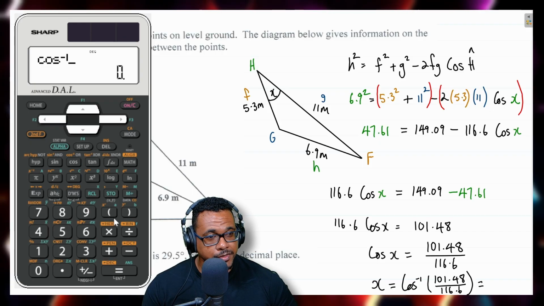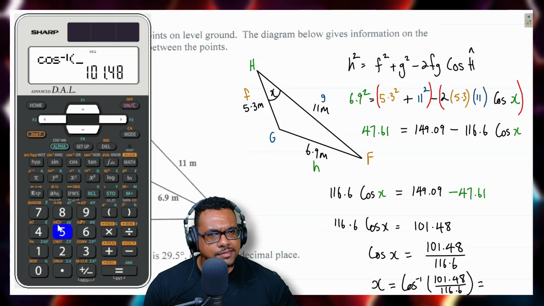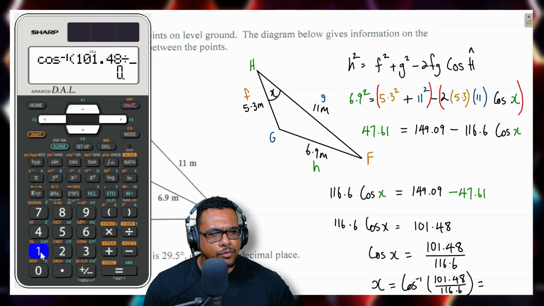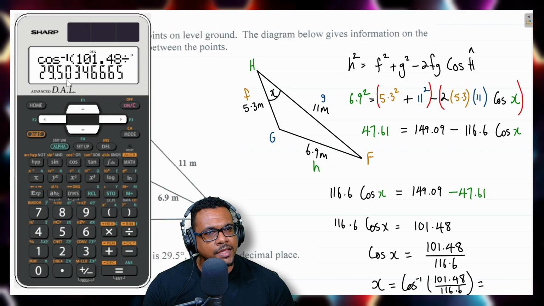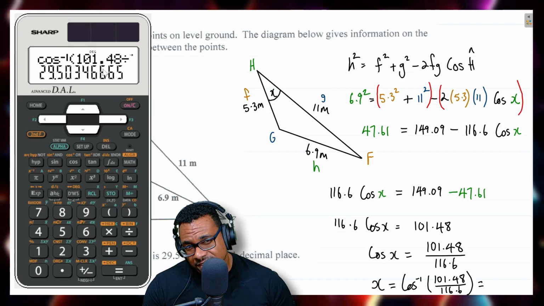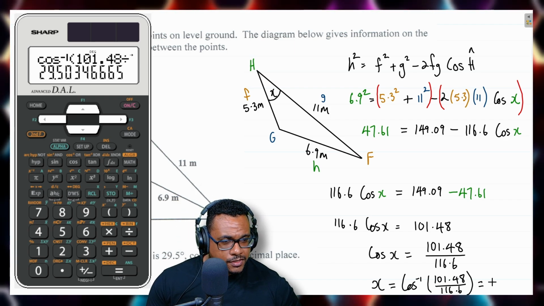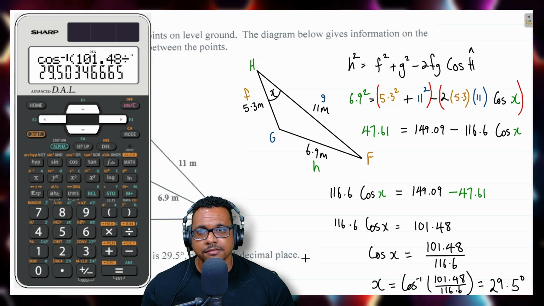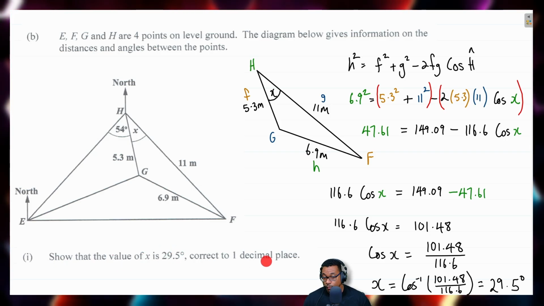See cos inverse come up, open my brackets, and put 101.48 divided by 116.6. Close the brackets, press equal. And you see I get 29.50 and so on. So to one decimal place, this is just 29.5 degrees. And you see, we have shown that the value of angle x is 29.5 degrees, correct to one decimal place.